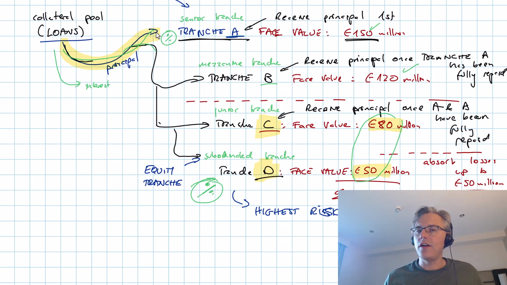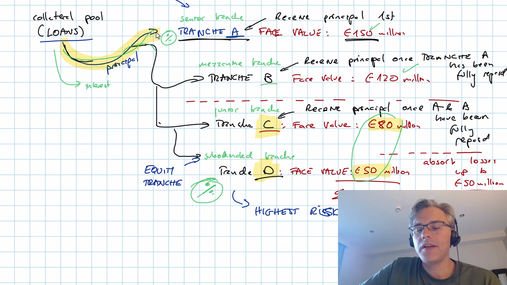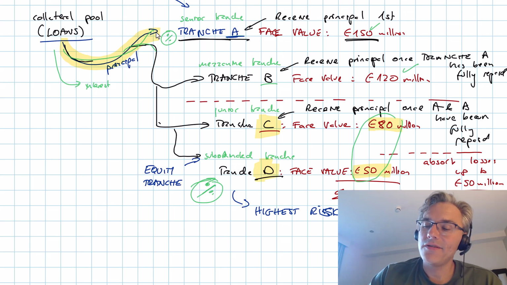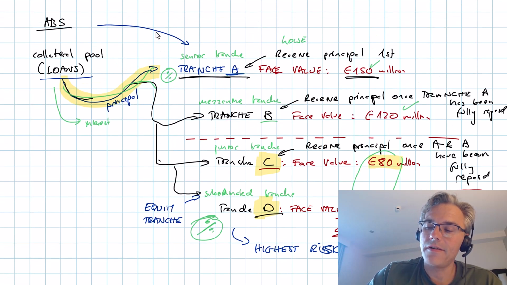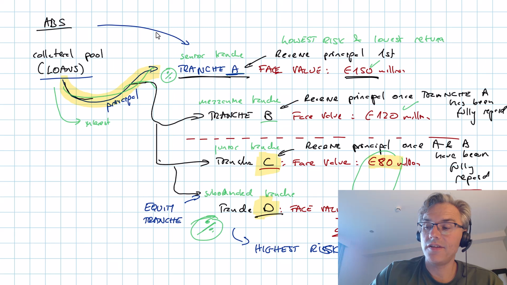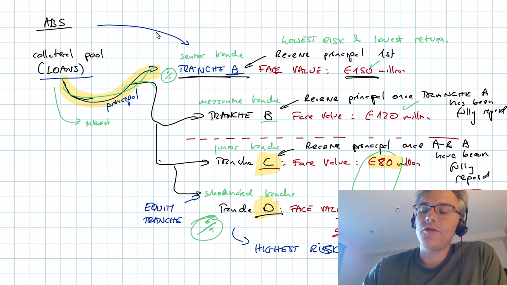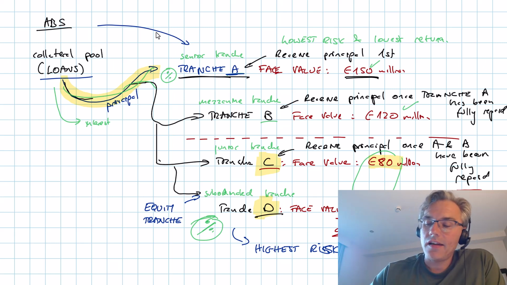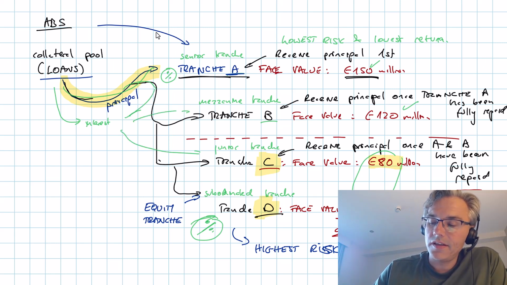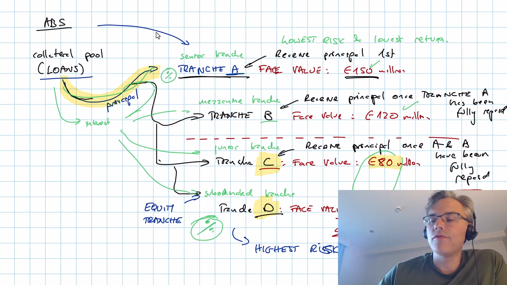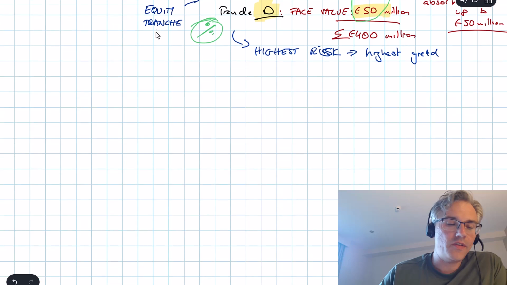And that interest is shared, but not proportionately, because some people get more interest because of the higher risk they take, whereas others, like tranche A, because they face the lowest risk up here, will also receive the lowest return, because they're sitting pretty safe. They're not exposed to nearly as much risk as the tranches lower down. So that interest is shared between everybody, but in a non-proportional way. It's not proportional to the face value.